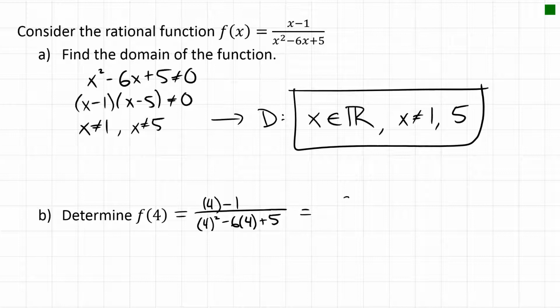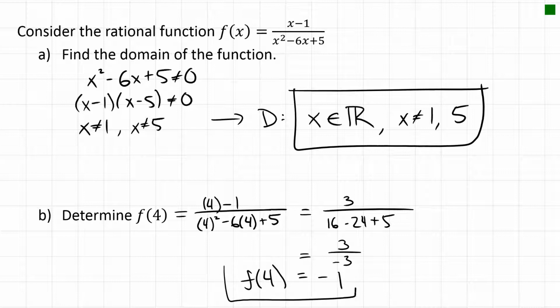So this is going to simplify into 3 over 16 minus 24 plus 5, which means we have 3 in the numerator, and in the denominator we have 21 minus 24 is minus 3. So f of 4 is actually equal to, simplifying, negative 1. So the value of the function at x equals 4 is negative 1.